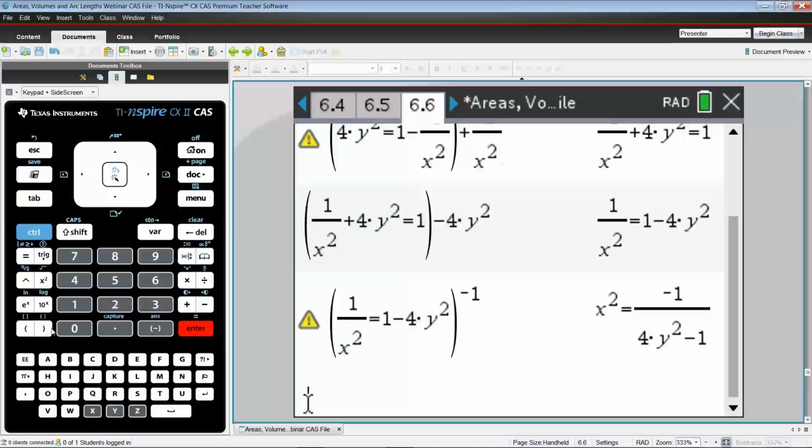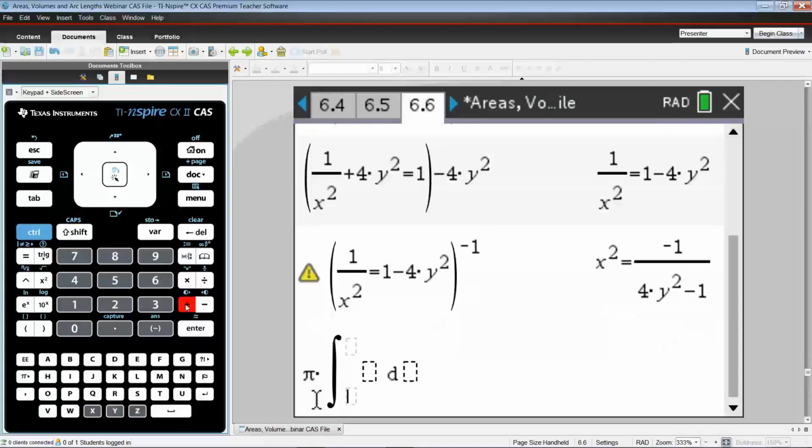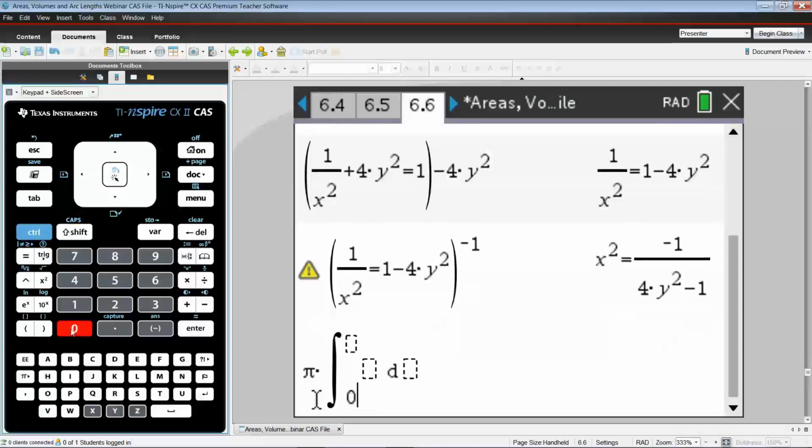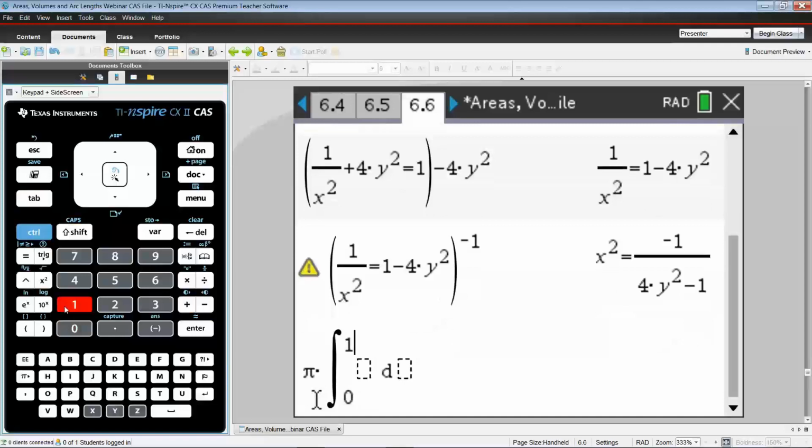Okay, so as I said before, the integral that represents the volume of the solid of revolution is pi multiplied by the integral. Now our lower y value was 0, our upper y value was 1/4, and x squared is this particular fraction.